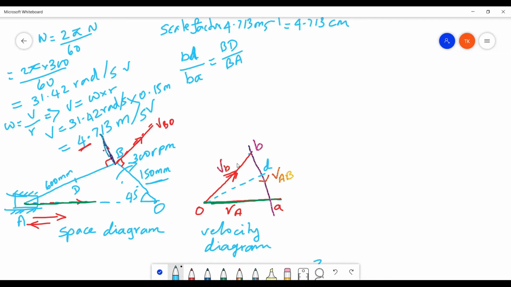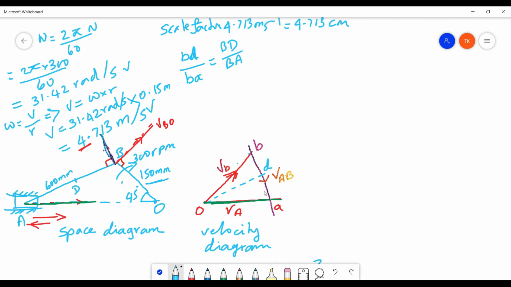So now this part is done. This is the first step: draw the velocity diagram OB. Then from this point B, draw a vector BA perpendicular to BA.